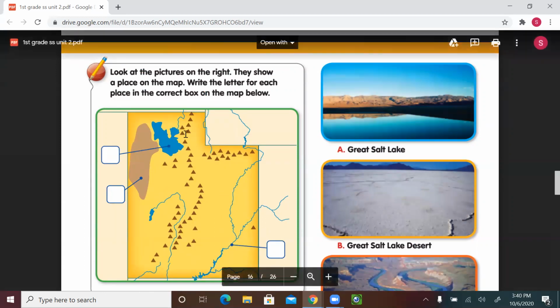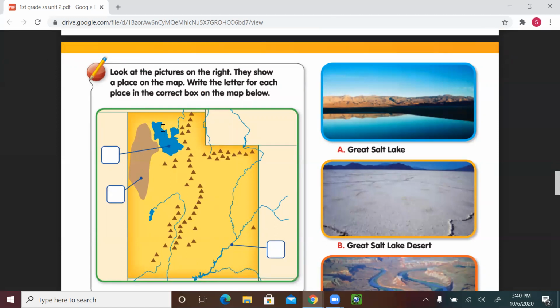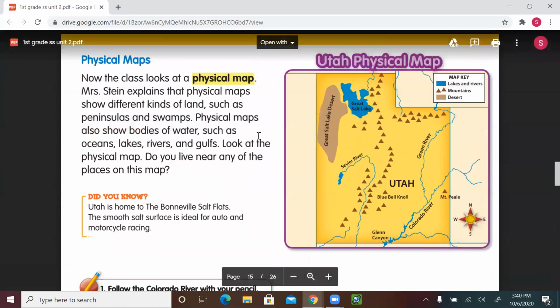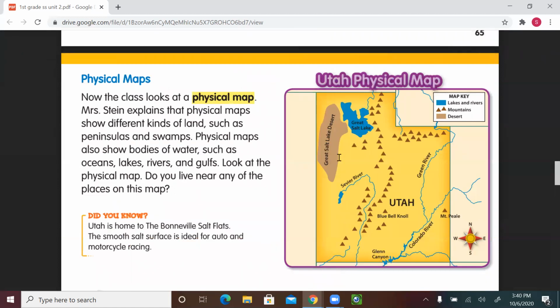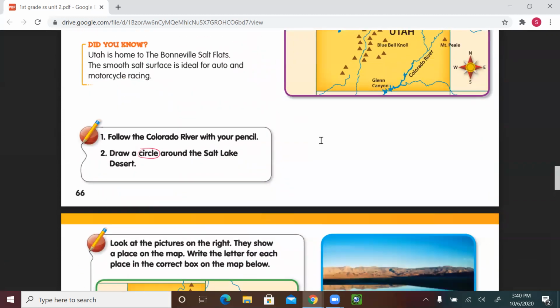So for the Great Salt Lake, if you look up here, I know that this is the Great Salt Lake, so this is the blue part. Next to it, I see the Great Salt Lake Desert.